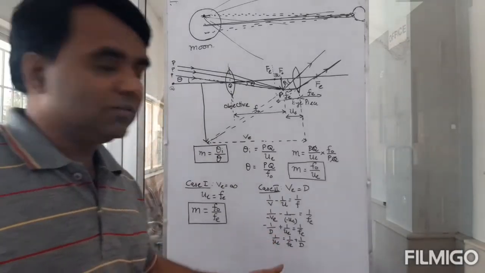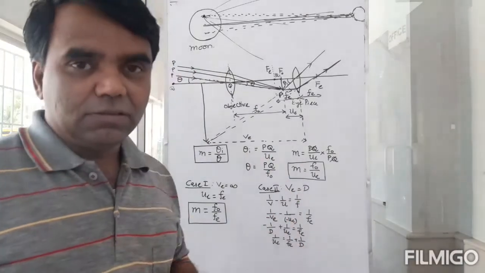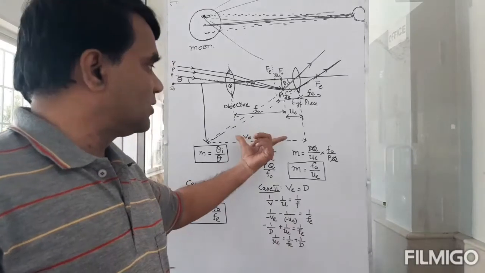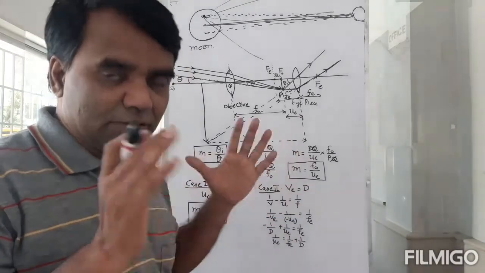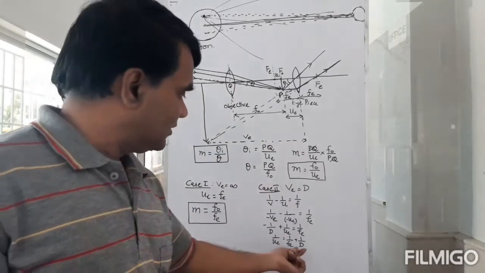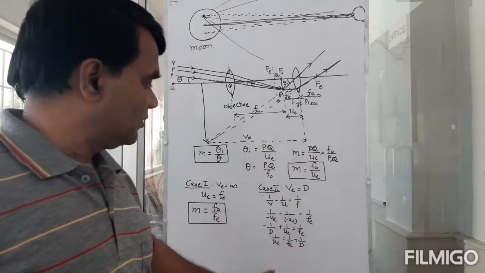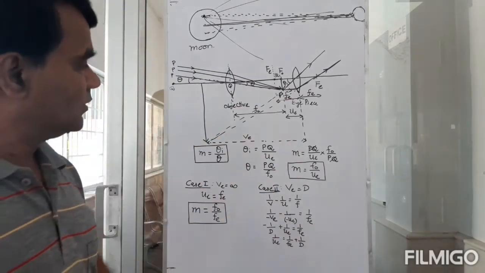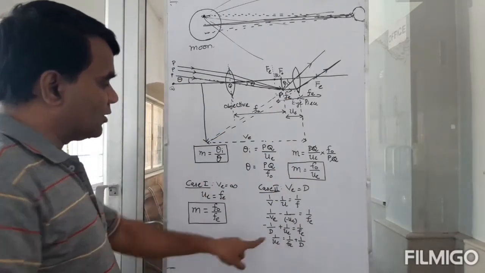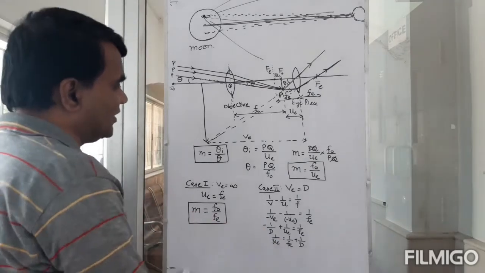So now this is with absolute numbers. Okay? FE you'll measure with absolute numbers without the sign. D without the sign again. And UE is also without the sign. That's how you consider it here. So now you got 1 by U is equal to this. So what is the magnification here?